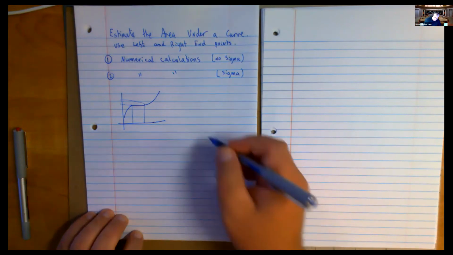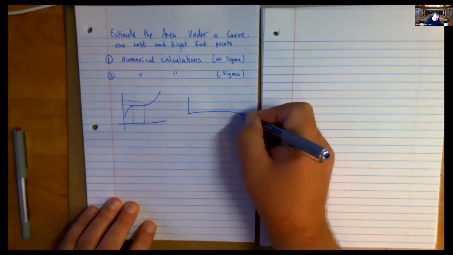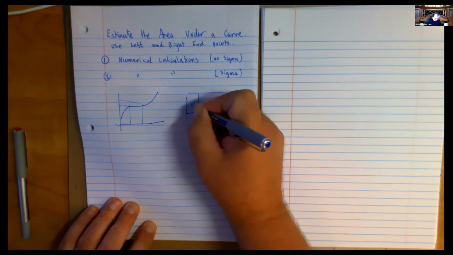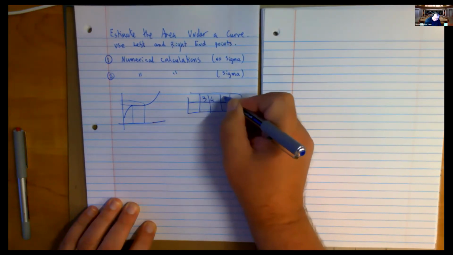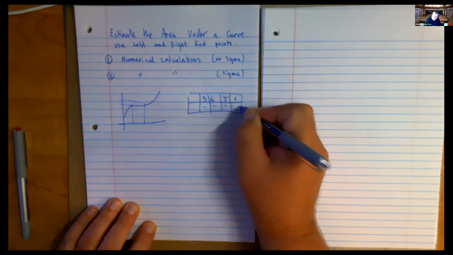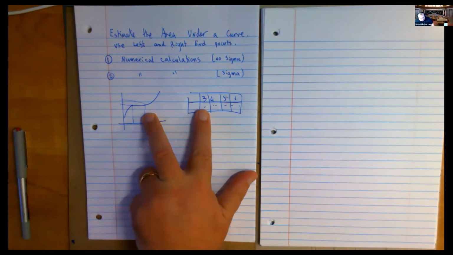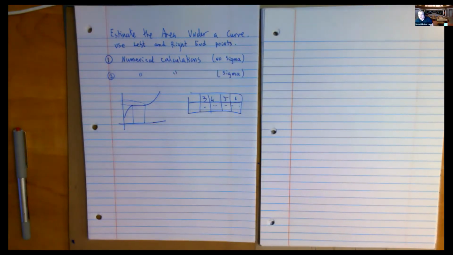The second situation where you're going to do number 1 is when the information is just a table with numbers in it. In those two situations, you will have to do number 1.